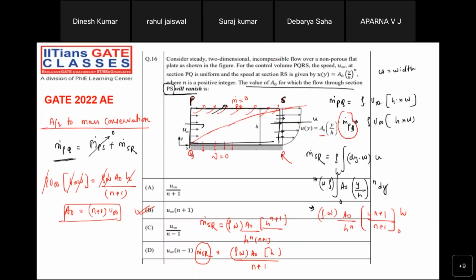Hello, hello. Okay, guys. Anyone has any doubt? Is this clear? This kind of question they ask in the GATE exam.